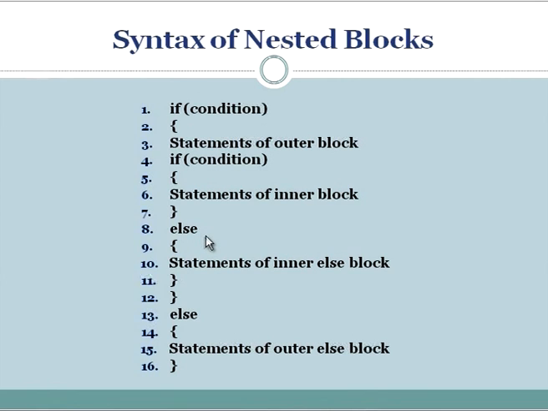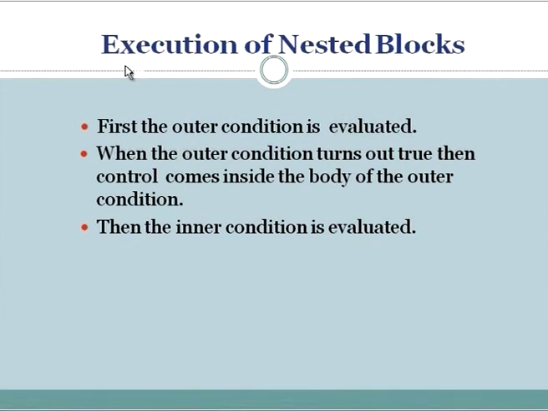These blocks are nested inside the body of the outer if condition. It is also possible to have an else block following the outer if. So you should remember that each if could have its else block, whether it lies at the outer level or at the inner level.